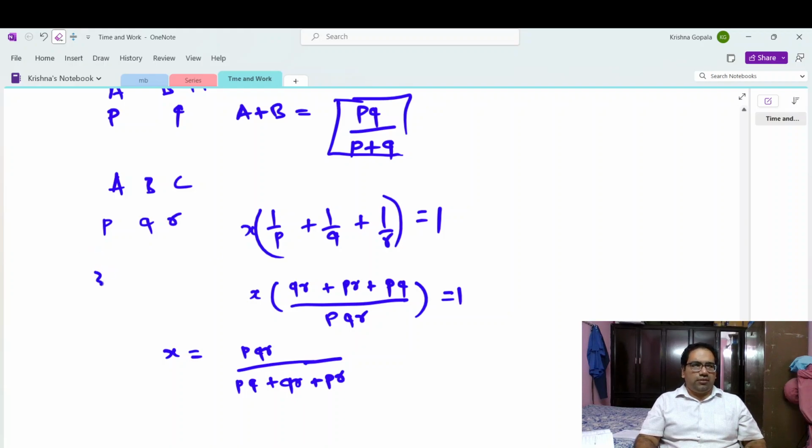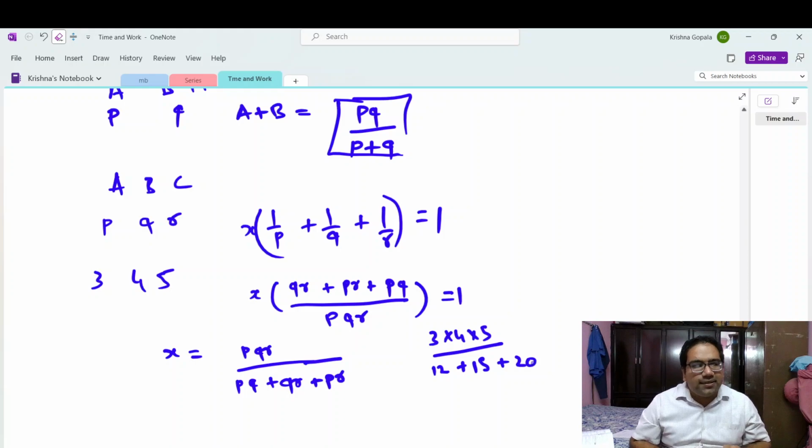You can say it is 3, 4, 5 or anything like this. Then 3 into 4 into 5 by 3 4 is 12 plus 3 5 is 15 plus 4 5 is 20. Right? So this is how it will work.